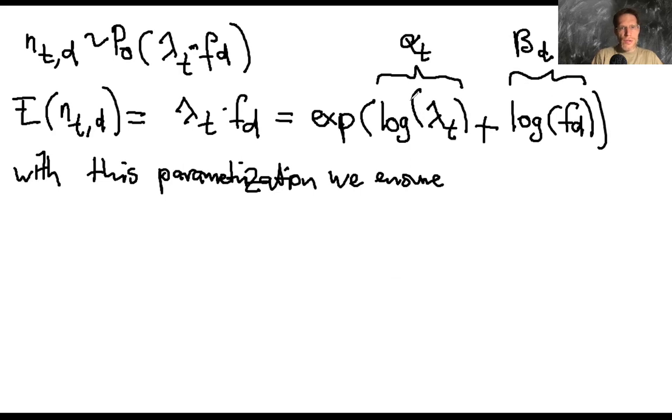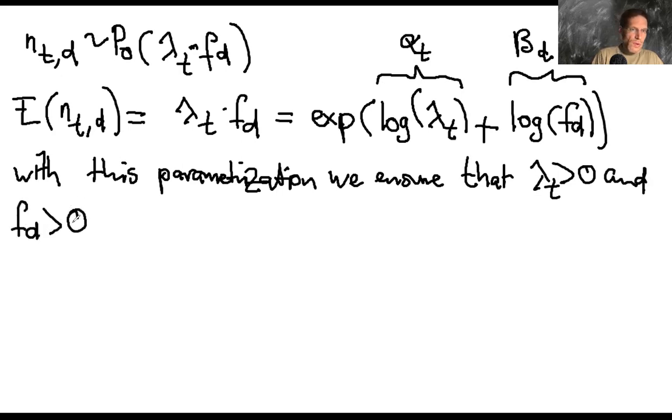So we will ensure that, because we always take the exp of what we get, both lambda t will be bigger than 0, and fd will be bigger than 0.